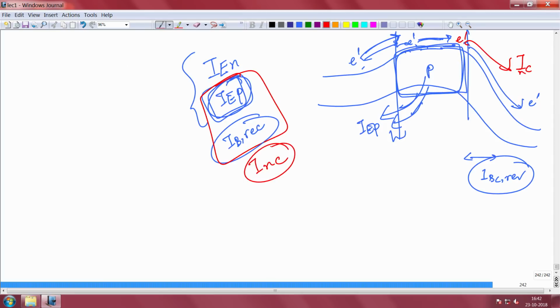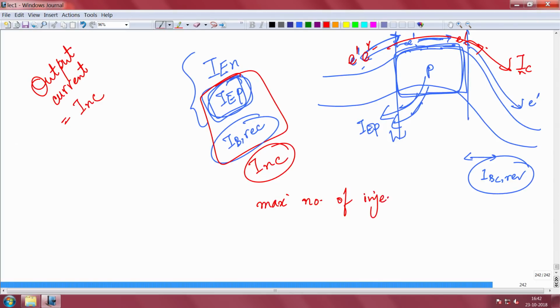Now, what are the things that you should look out for? The output current is the collector current, which is INC. You want the maximum number of electrons injected from the emitter to reach the collector.